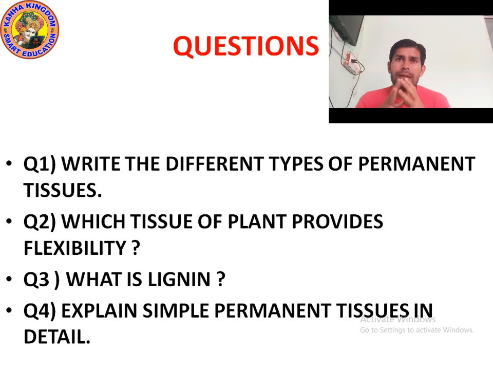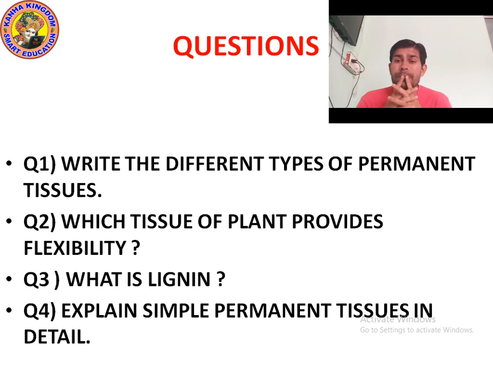Then write the heading simple permanent tissue. Simple permanent tissues are made up of one type of cell. They are of three types called parenchyma, collenchyma, sclerenchyma.